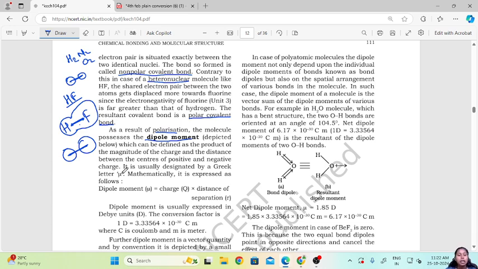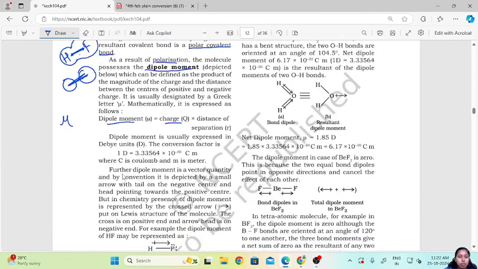How do you calculate the dipole moment? It is represented by mu, and the dipole moment is equal to charge into distance of separation.